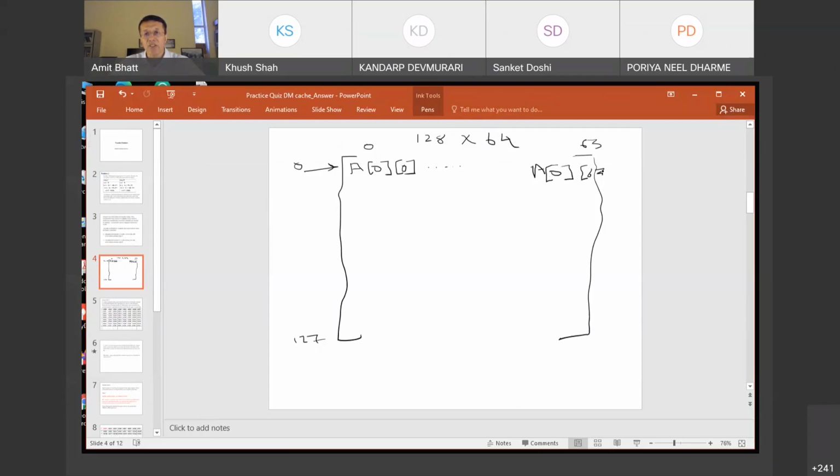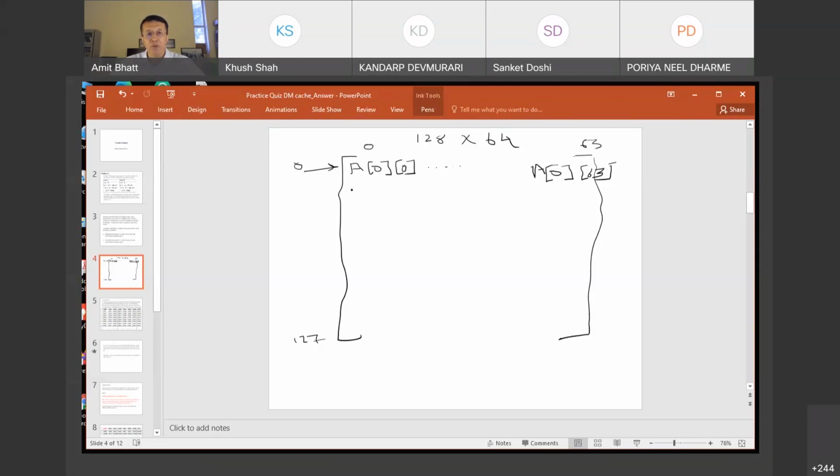Does anyone have any question on this one? Right? So the number in the second index of the array is j, and this is i. So first, you start with i equal to 0, and then you go to the inner loop, and it will just rotate through 0 to 63, and then it will be out.